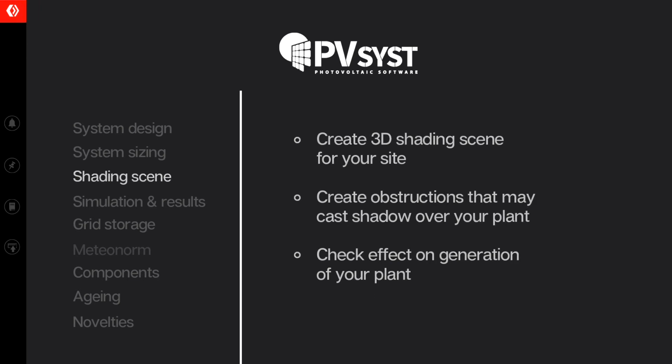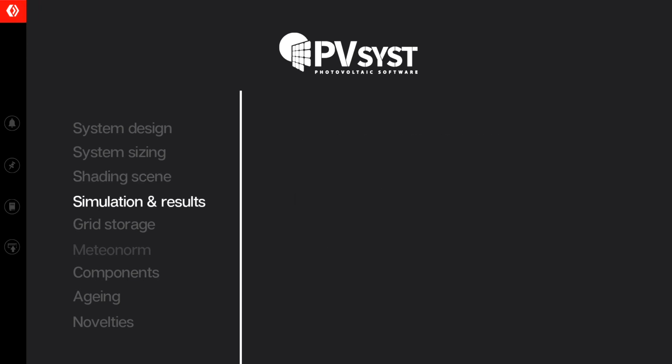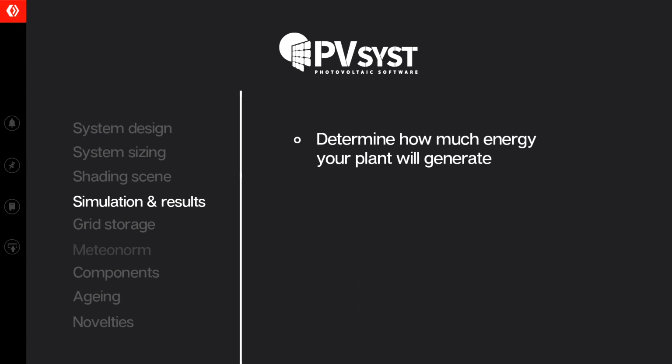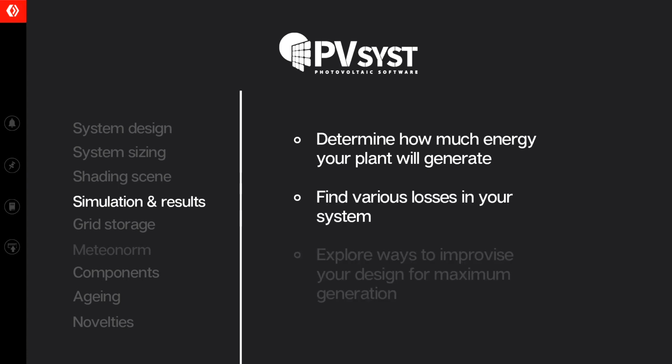The next part is simulation reports, which give us an overview of how much energy our system will generate, what kind of losses there are in our system, and also give us an estimate as to where we can improve.